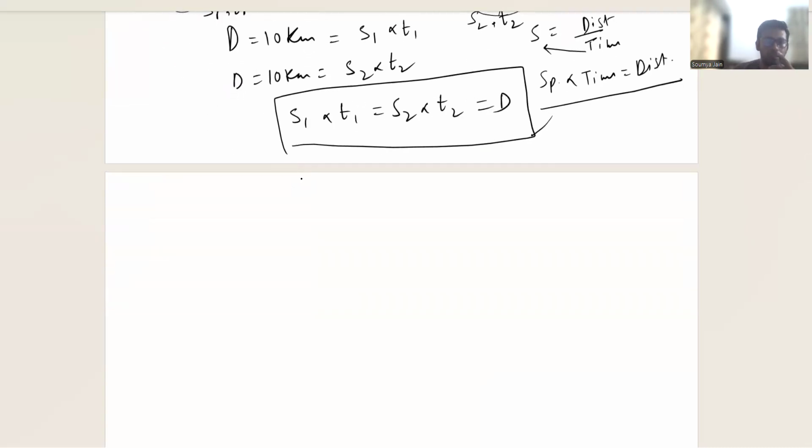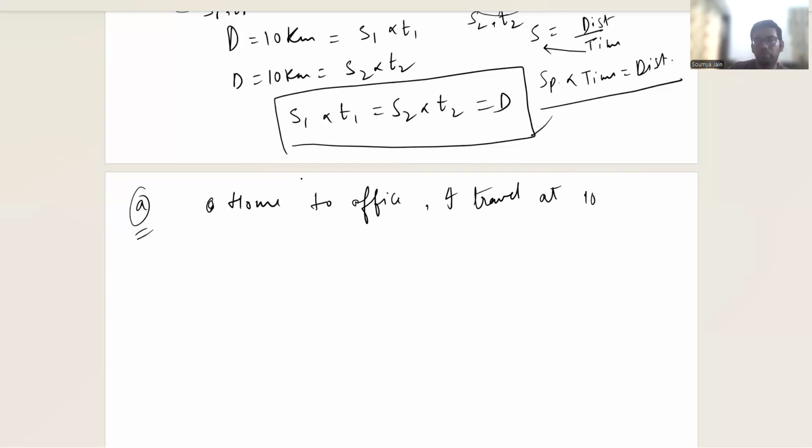I mean, distance equals 10. In this particular example, let's put in some numbers. So let's say in my onward journey, home to office, I travel at, let's say, 10 km per hour.